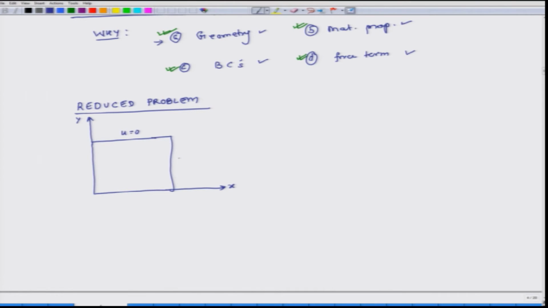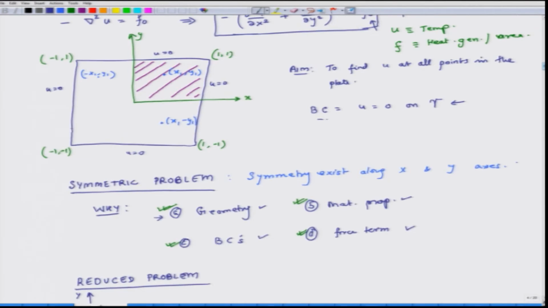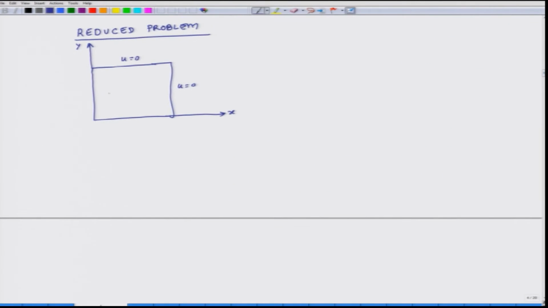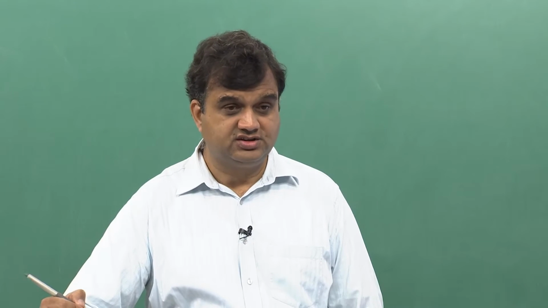On the right edge, U is equal to 0. Now, the other thing we have to note is that we have to know the boundary condition on these two edges. Here in the original problem, we knew the boundary condition on all 4 edges. Unless we know the boundary condition on these 2 edges, we cannot solve the problem. So, what will be the boundary condition on this edge?